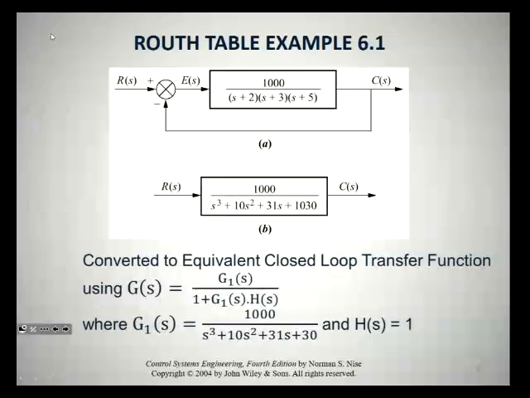That's a kind of trick way of doing it, but in fact it is G over 1 plus G. So the equivalent closed loop transfer function is this here. So we've got a factor of 1 for A3, 10 for A2, 31 for A1, and 1030 for A0.